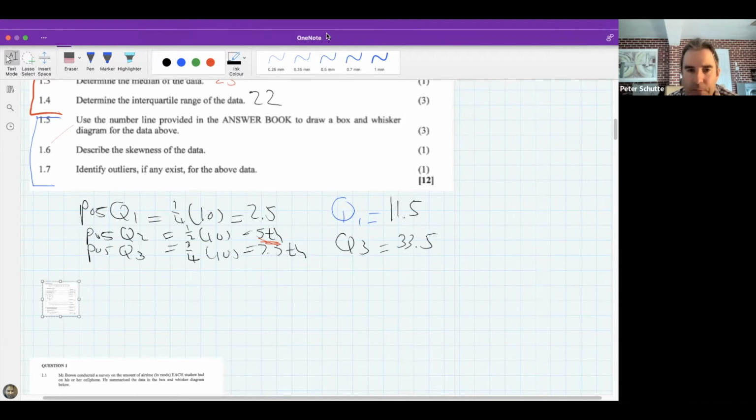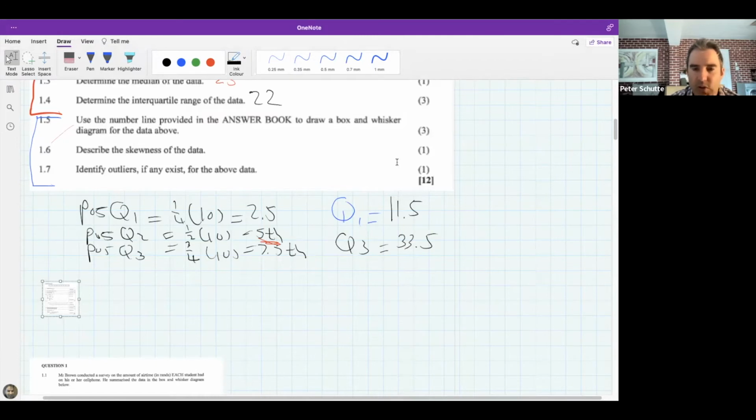Okay, so some people are making claims about outliers. Let's see what you guys think. Describe the skewness of the data, and are there any outliers? Look at your box and whisker plot to help you.